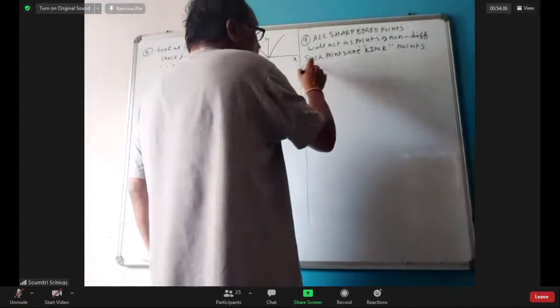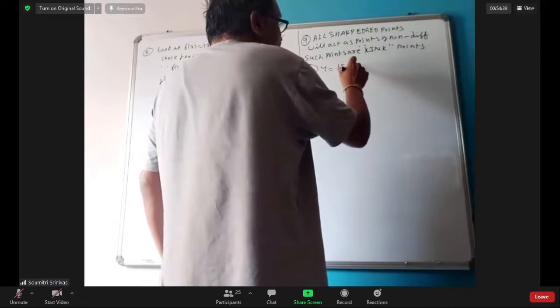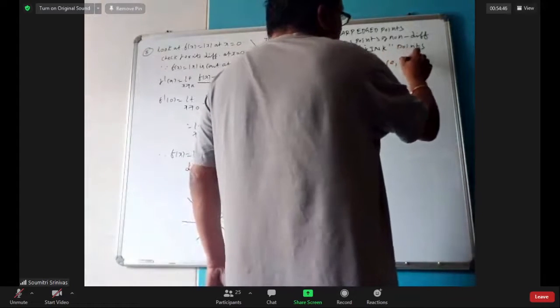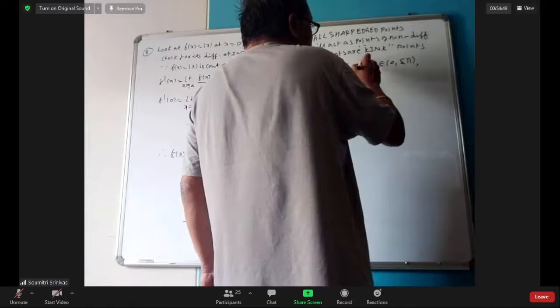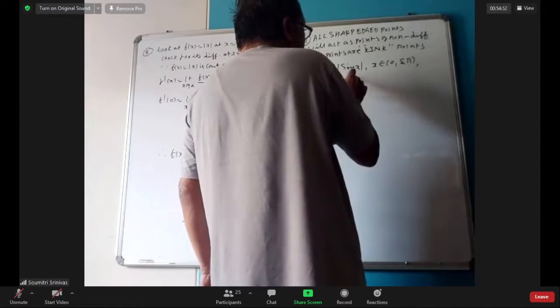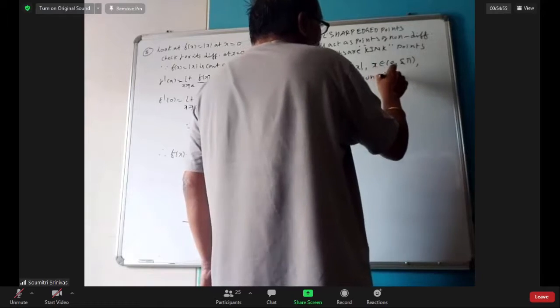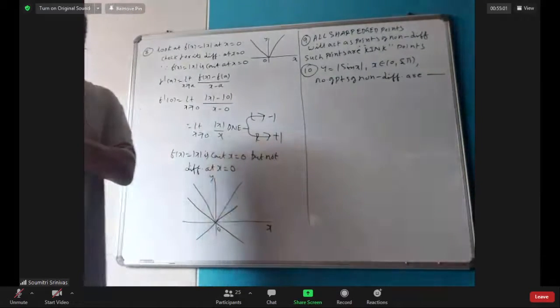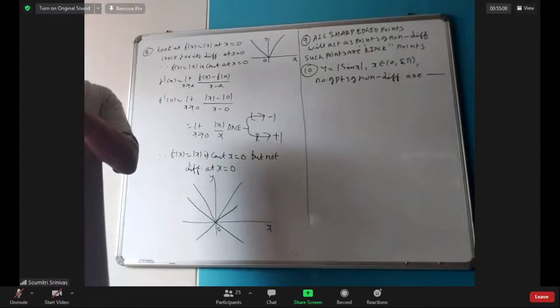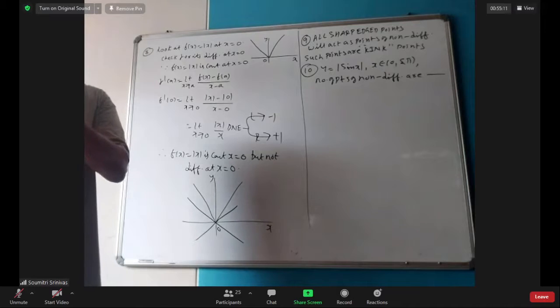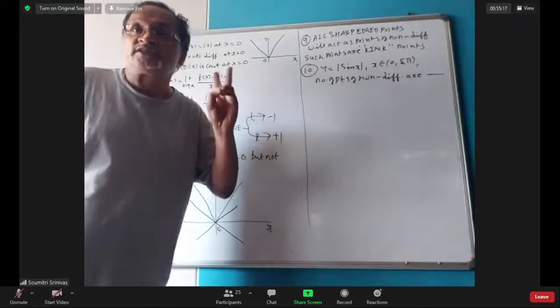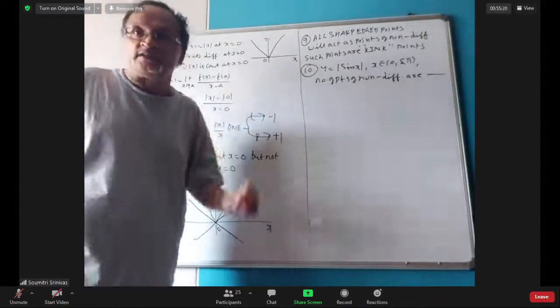Look here. y is equal to mod sin x, x belongs to the open interval 0 to 5 pi. The number of points of non-differentiability are dash. That's the reason why we spent two entire classes, on one Friday and Saturday, I believe, during functions, on curve sketching, because it is useful in differentiation.